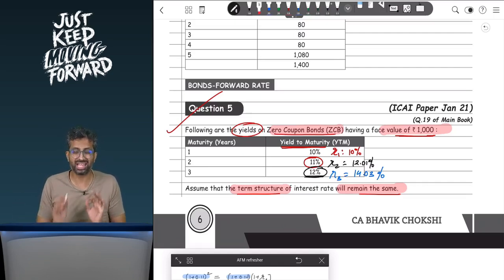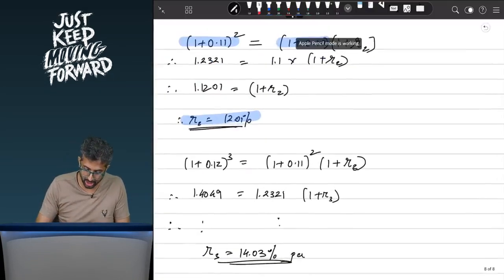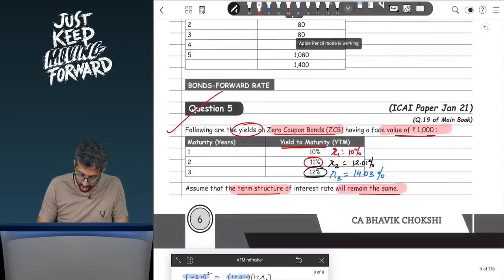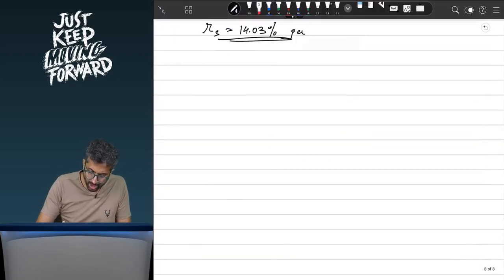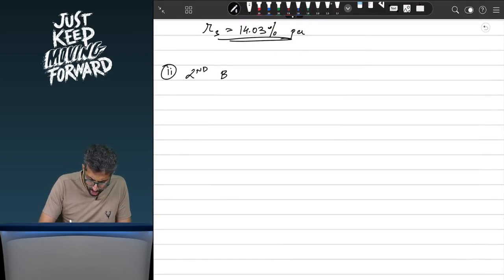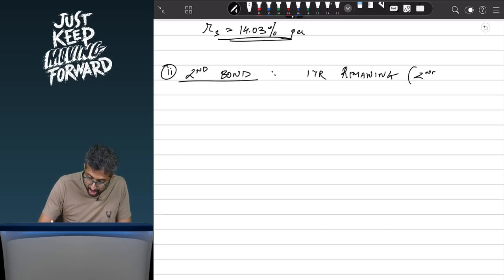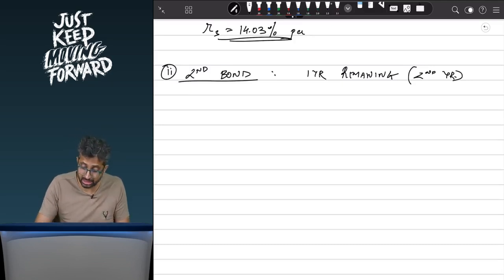So if I look at the second year bond, let us say this was bond 2, for the second bond, 1 year is still remaining. Which is that 1 year? It is the second year. 1 year is already over, 1 year is remaining, it is the second year.